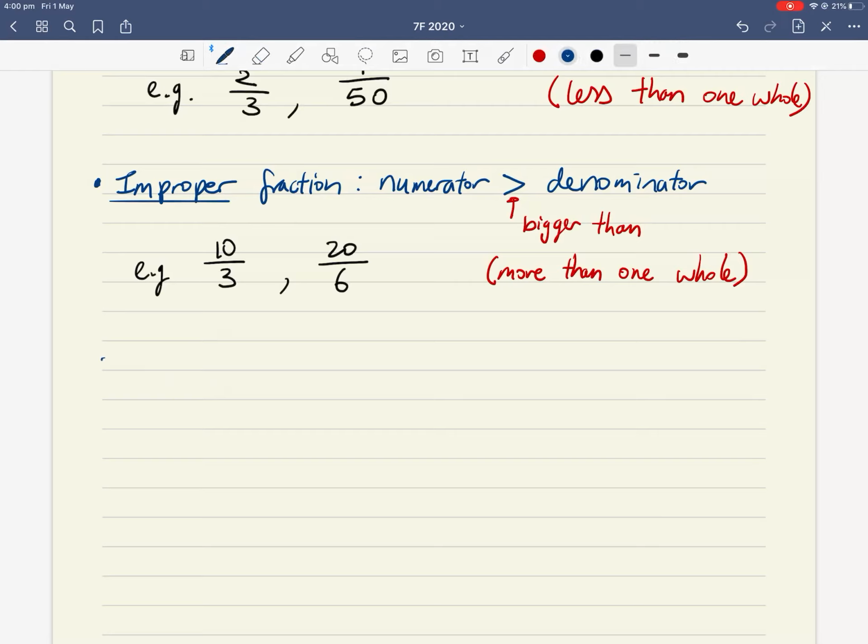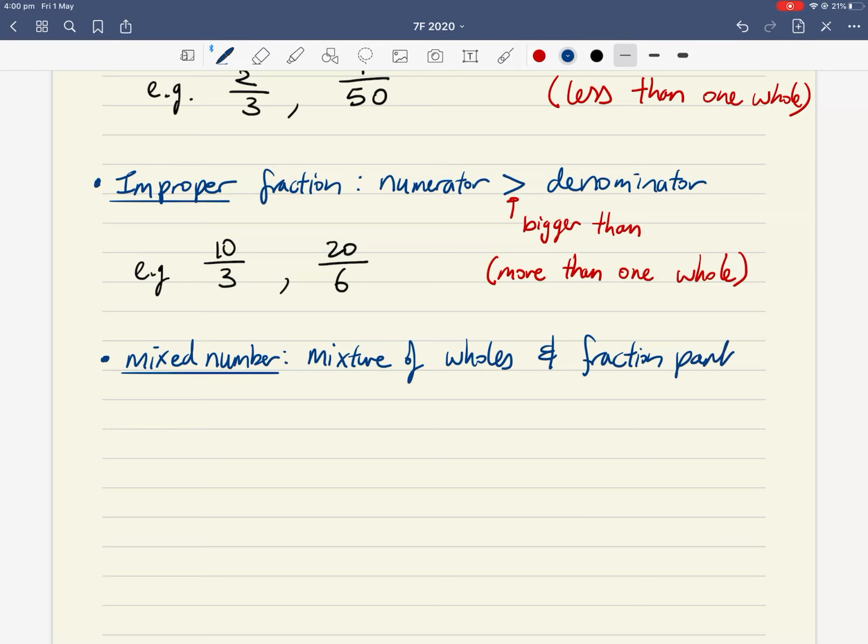One more word is called a mixed number. And that is when you have a mixture of wholes and fraction parts.